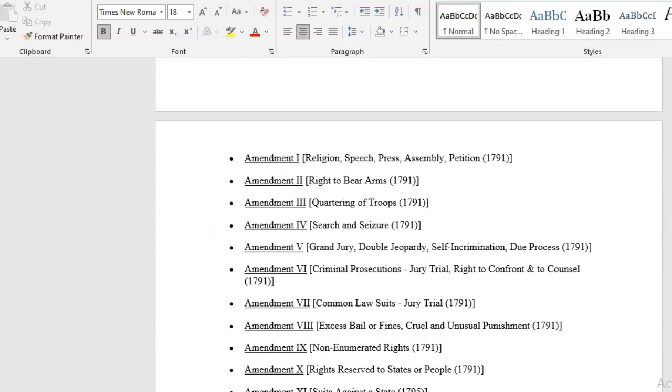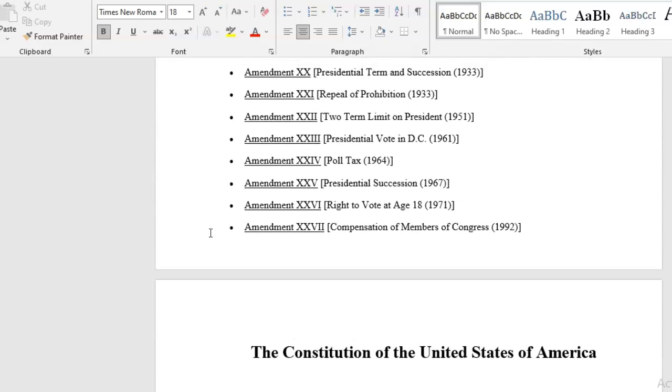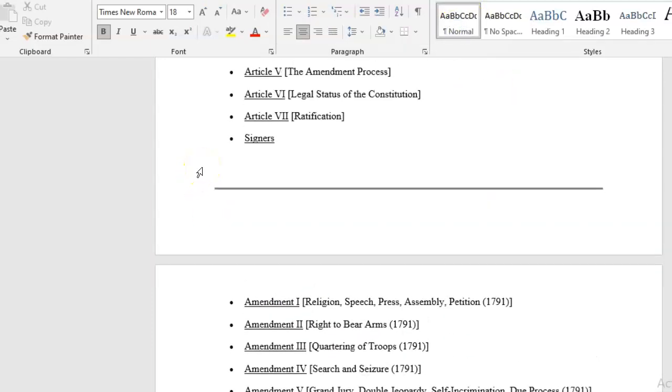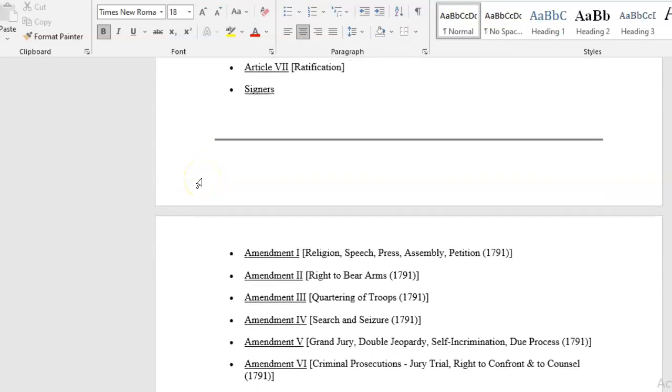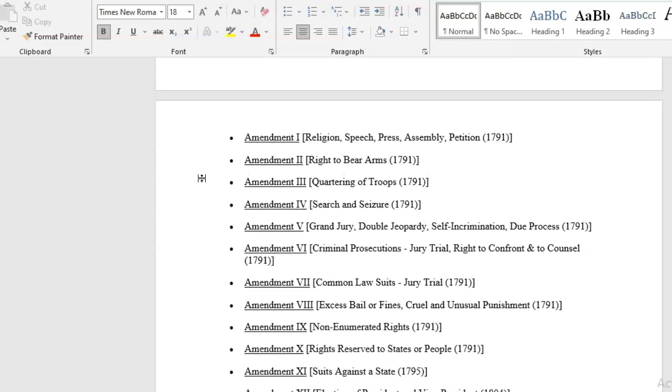Next, we go into the amendments. And you'll see here there are 27 amendments to the Constitution. So we'll go over those. And like I said, last week we went over the first 5. The first 10 are your Bill of Rights, and that's what we're going to go over today.